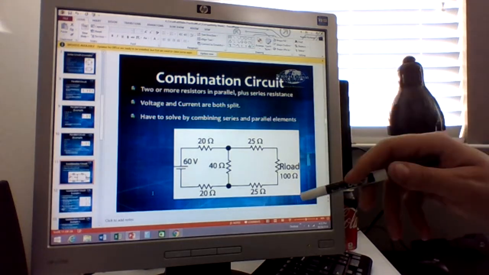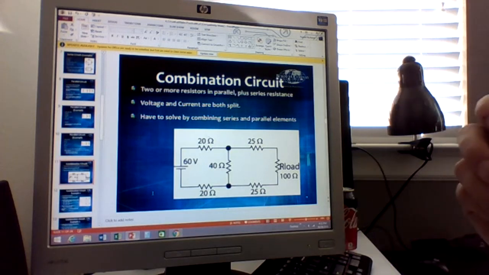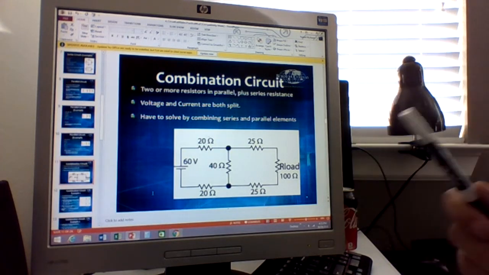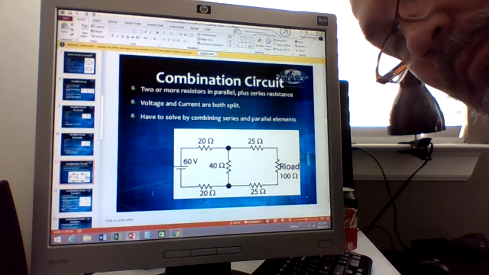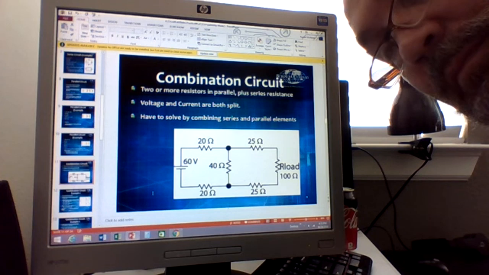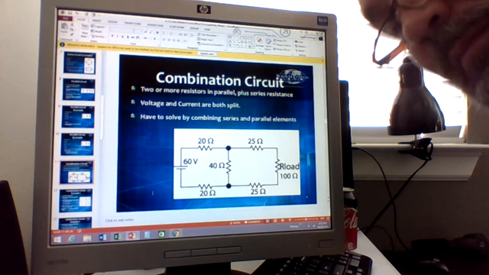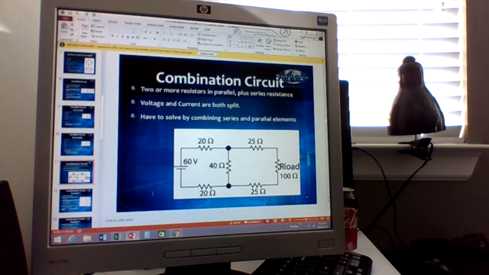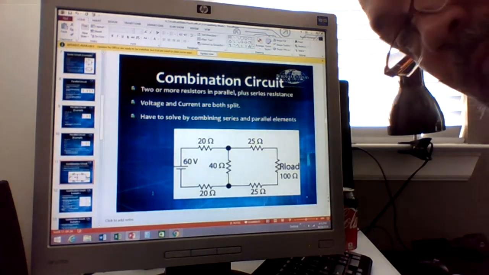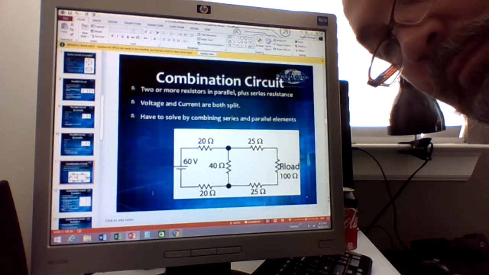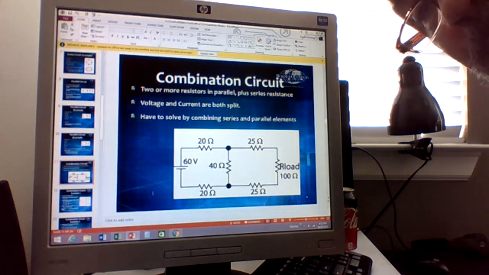If I wanted to find the entire R equivalent facing the 60 volts, what elements are easiest to combine first? Any ideas? Which of these resistors would be easiest to combine?